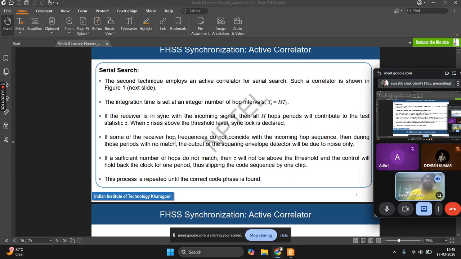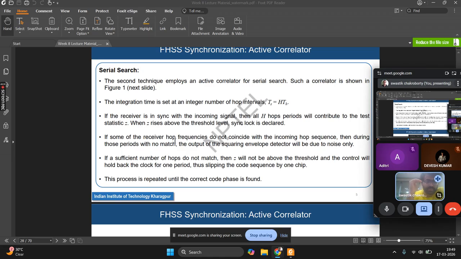Now, if there is an incoming signal which has a particular hop sequence, it goes from F5, F4, then F1, then F9, then F2, like that. There is a particular hop sequence, and you are also generating a hop sequence at your end. Each time they match, because you are multiplying and accumulating, you will have a good contribution to the test statistic, which is basically a square sum.